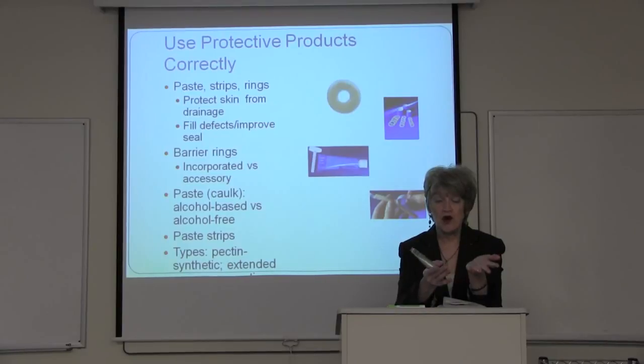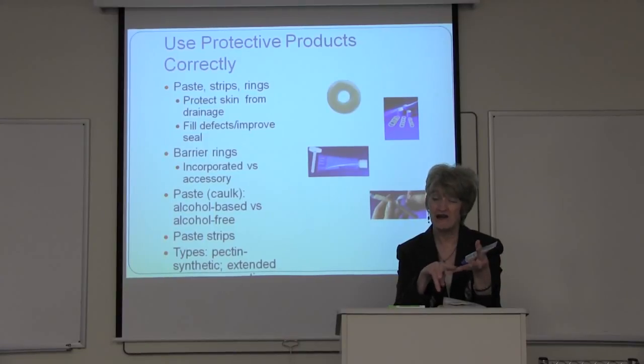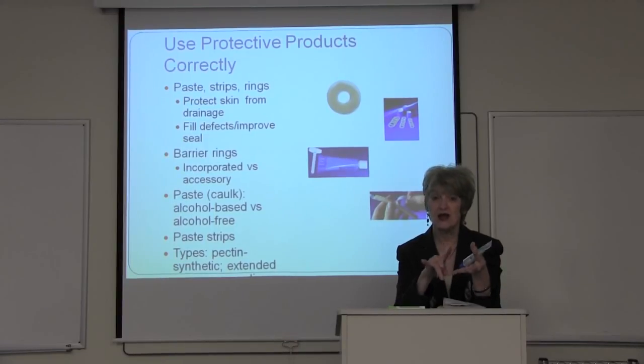There's a category of products known as extended wear products, where the formula has been tweaked to make them more resistant to breakdown. And those are the products we typically use for our high volume ileostomy patients and our urinary diversion patients.